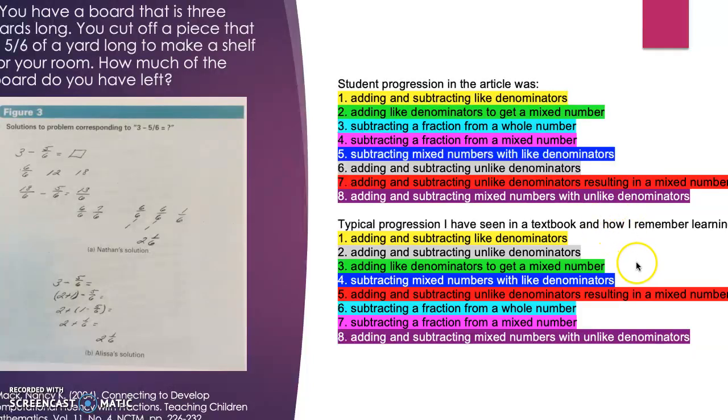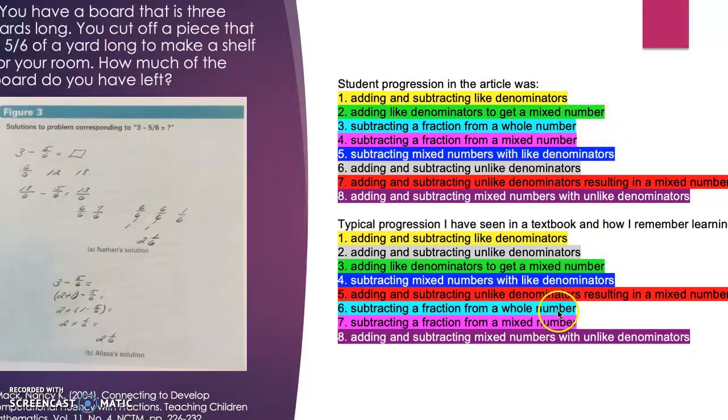Now, in a typical progression that I've seen in a textbook and how I remember learning it myself as a student, it goes this way. Notice here that adding like denominators to get a mixed number was the second step in the student progression in the article, and then it was the third here. This is the big one for me. Subtracting a fraction from a whole number was the third step in student thinking.